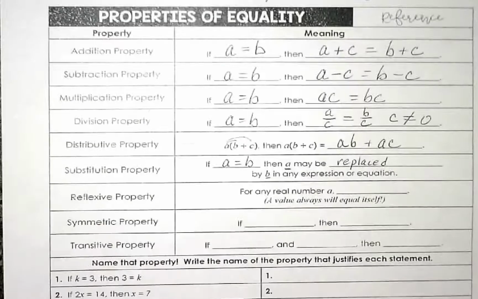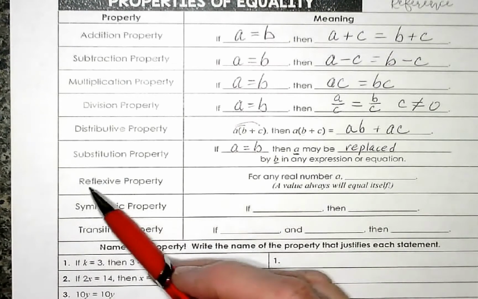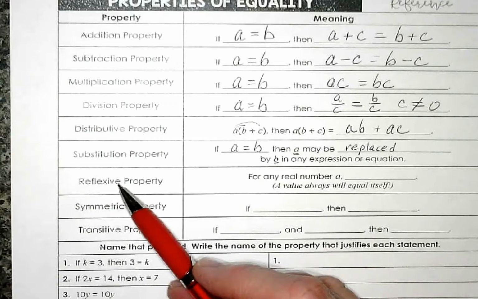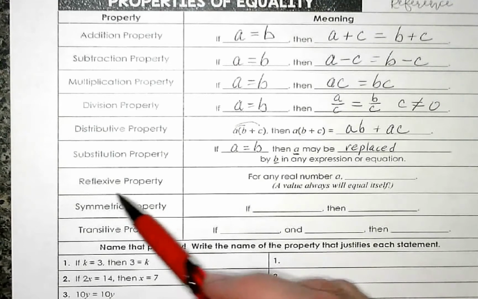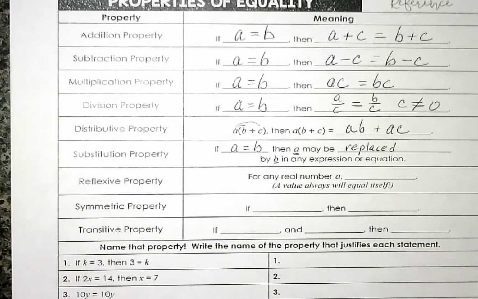These next three won't make a lot of sense right now, especially this first one. We use this a lot in our geometry proofs dealing with triangles. It's called the reflexive property. Okay, so reflexive kind of has a word of reflection. So basically any real number will equal itself.